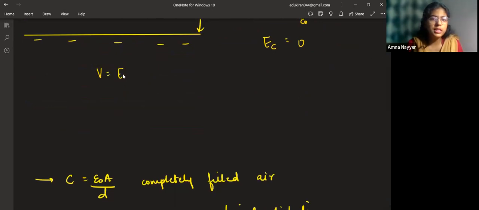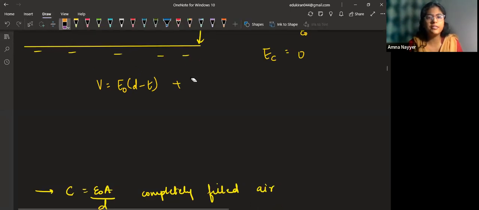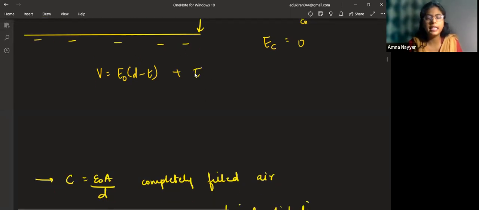So when we write the potential, due to the plate it will be d minus t still, plus potential due to the conductor, that is electric field due to the conductor multiplied by the thickness. This term becomes 0.